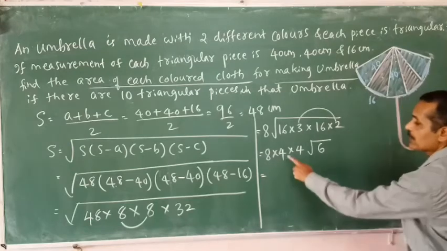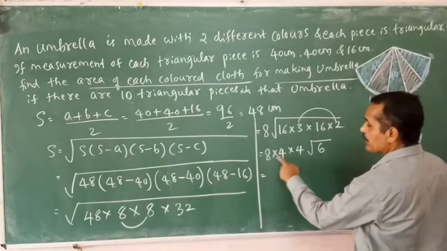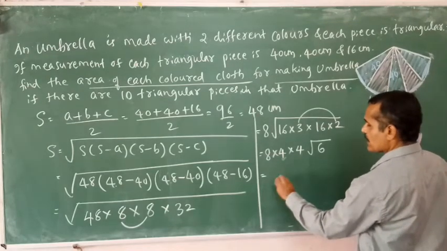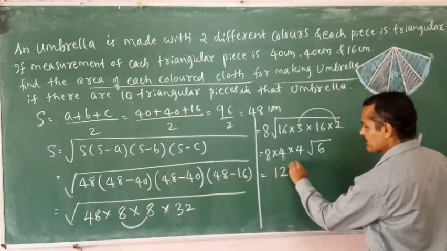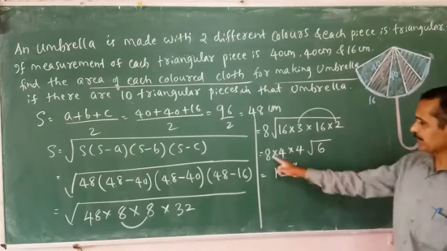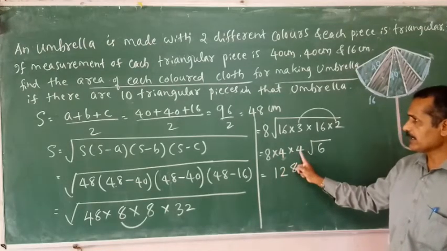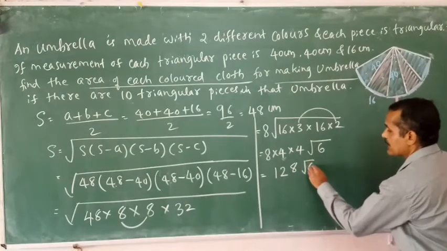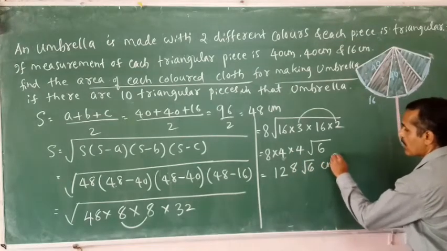So 8 4s are 32, 32 4s are 128. 128 under root 6 centimeters square.